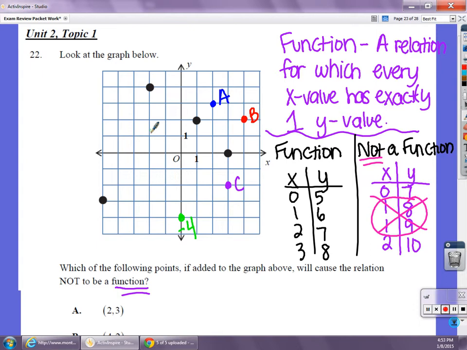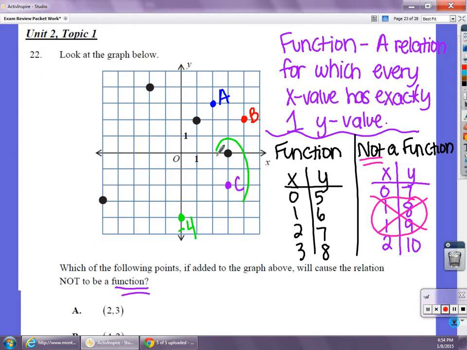I have the point 0, negative 4, so there's no other point when x equals 0. I have the point at x equals 1, and there's no other point for which x equals 1. A, again, no other point.